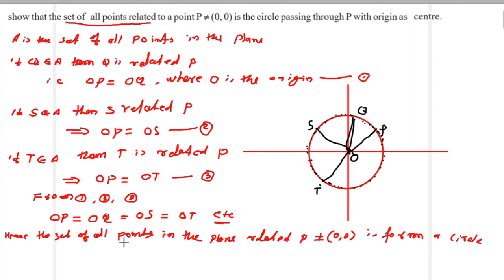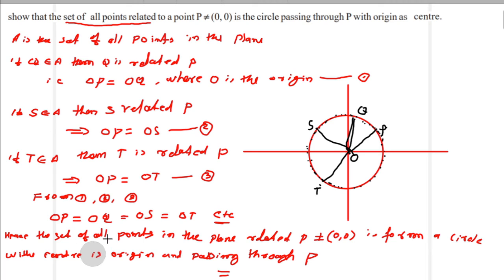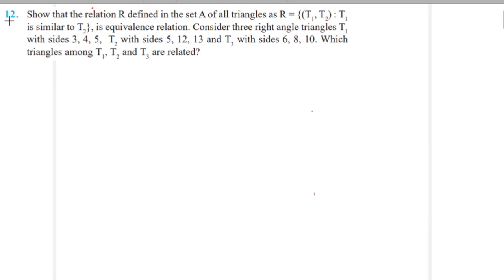A circle with center at the origin and passing through this P. So all the points related to P form a circle passing through P with center at the origin. Clear? This is question number 12.